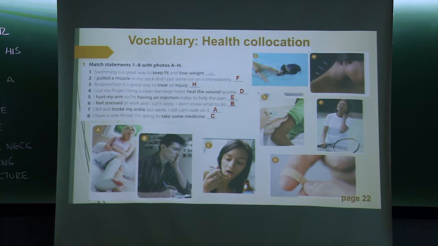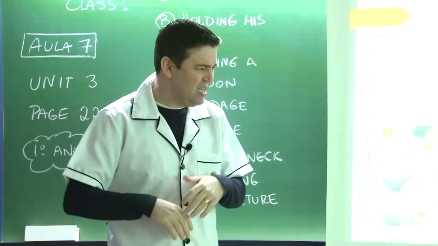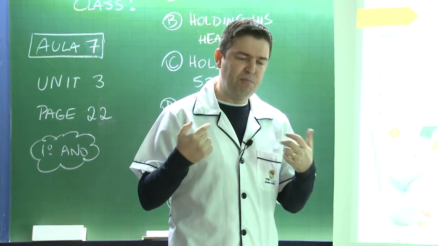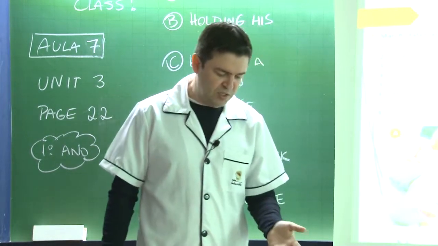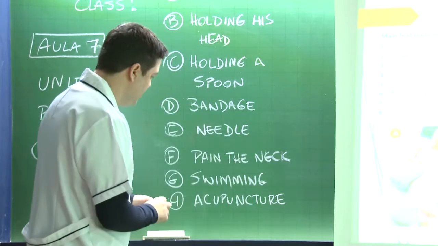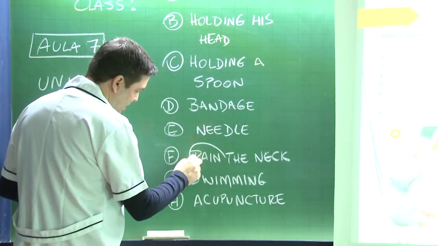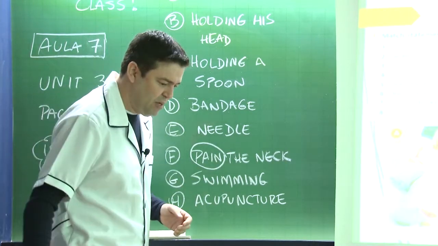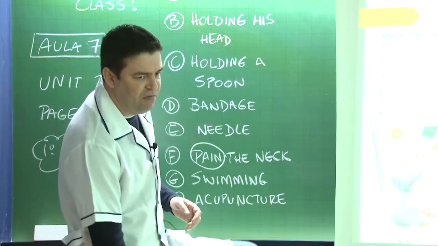That's something important that I'm going to say. You can say many different ways that your body has a problem. You can say that you have a pain. That's one word. I'm going to write it here and highlight. You can say a pain in my neck, a pain in my leg, a pain in my foot.